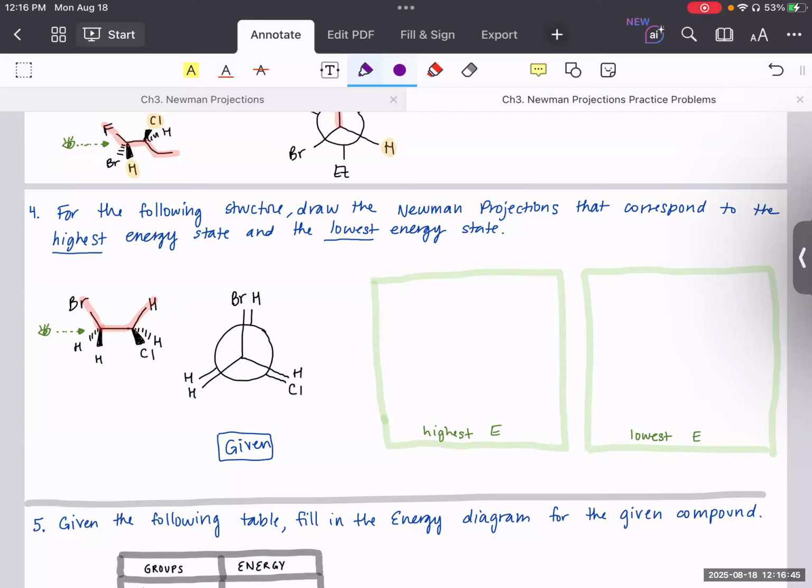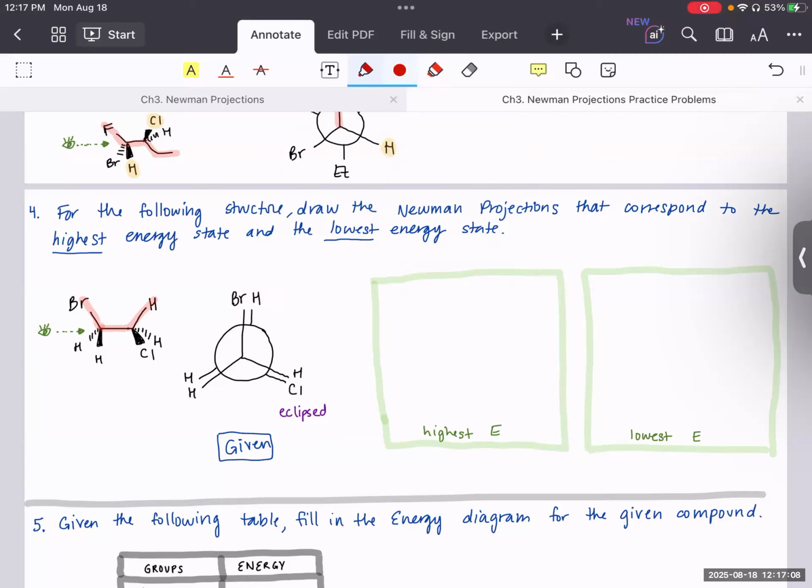However, we're not in the highest possible one because right now our bromine and our hydrogen are lined up, and our hydrogen and our chlorine are lined up. And the worst possible eclipse, or the two biggest groups that we have, are chlorine and bromine. And so the highest energy state would end up having those chlorine and the bromine eclipsed.